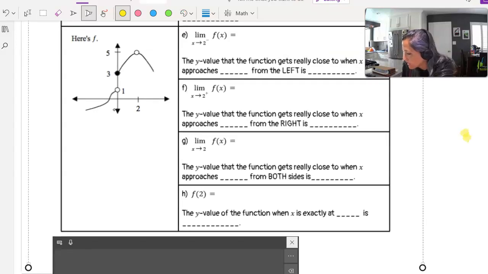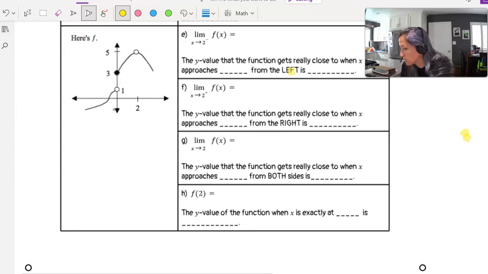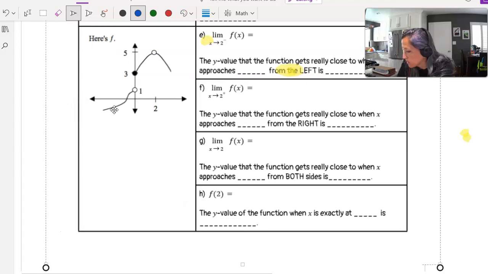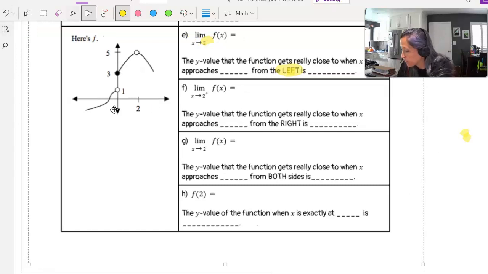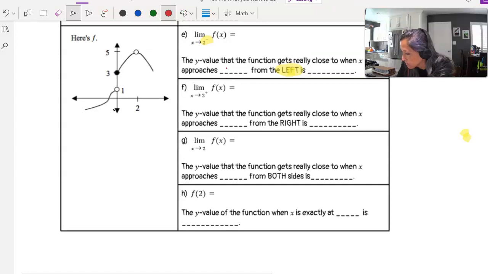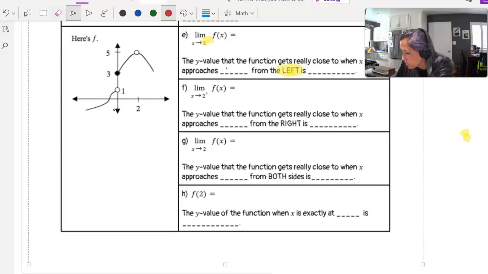I don't know why sometimes I want to move the PDF and sometimes I want to write on the PDF. All right, so the negative side says left. We've changed our value now. We are talking about going towards 2. So let's put ourselves a little line over at 2.